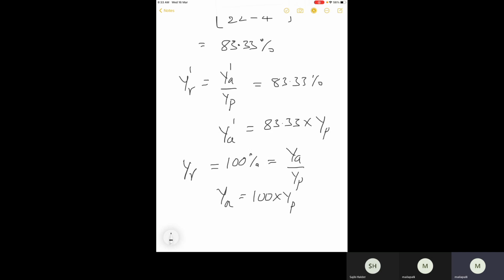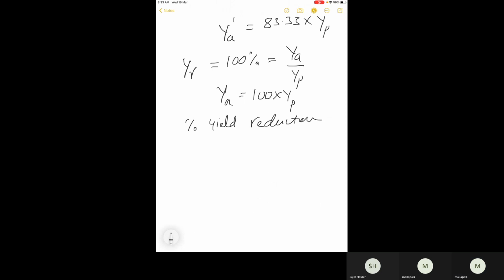Now the percentage of yield reduction will be the change in the actual yield divided by the actual yield. This is the yield reduction.